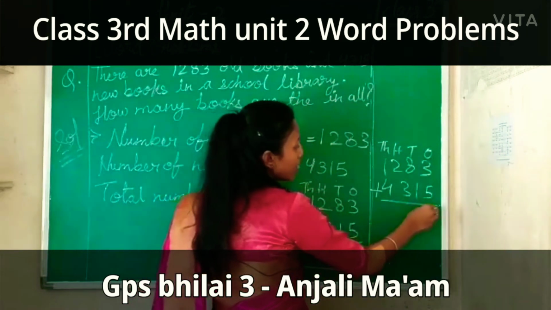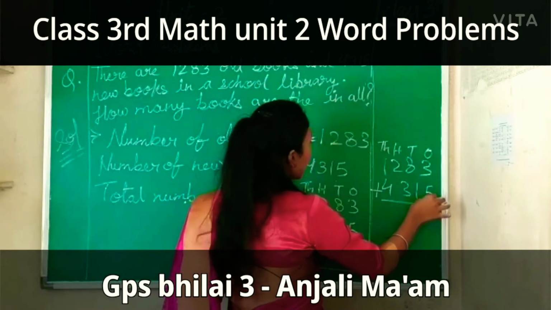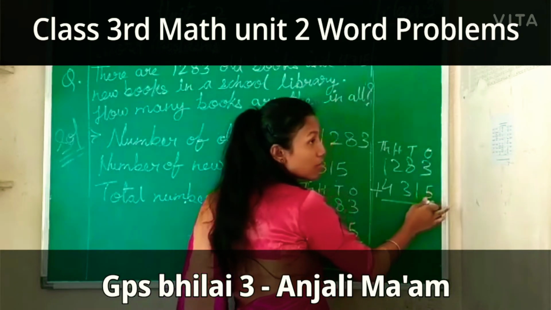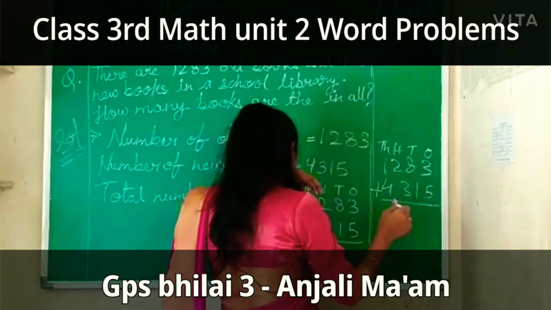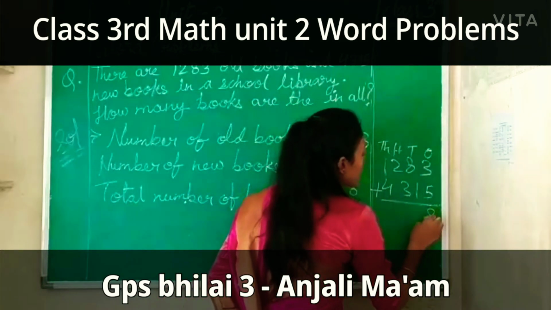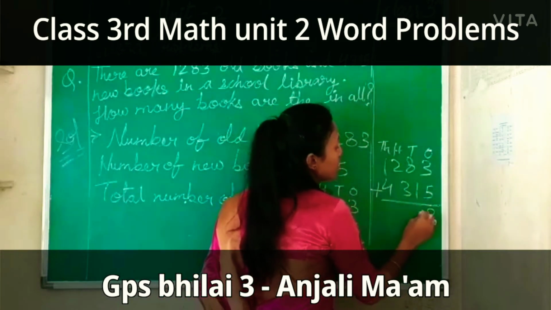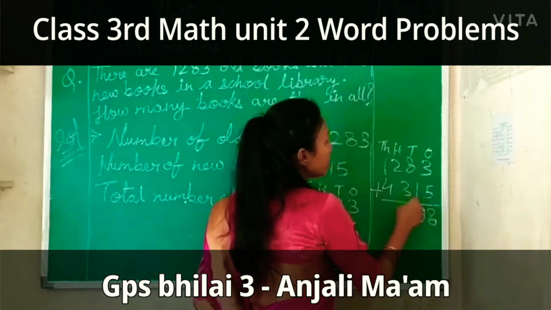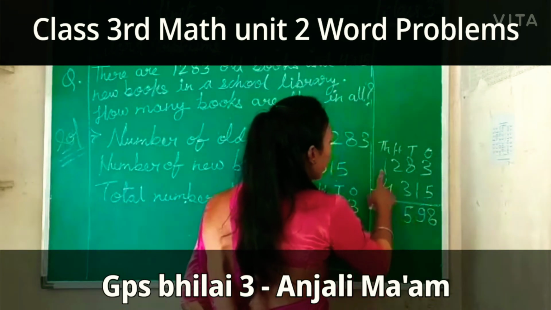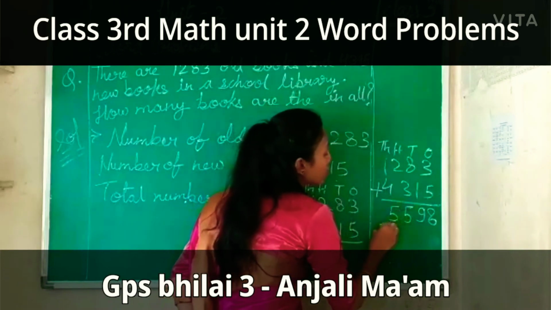We will start from here. We will add 3 plus 5. So how much will it become? 8. Now 8 plus 1, 9. 2 plus 3, 5. And 1 plus 4, 5.